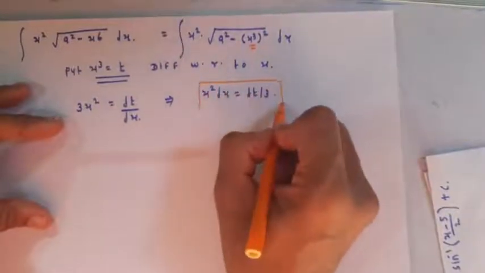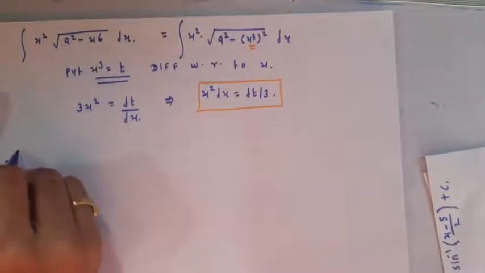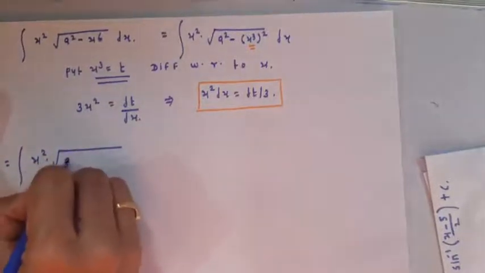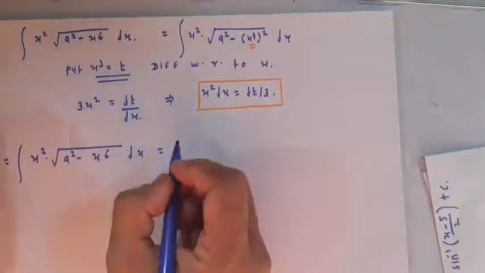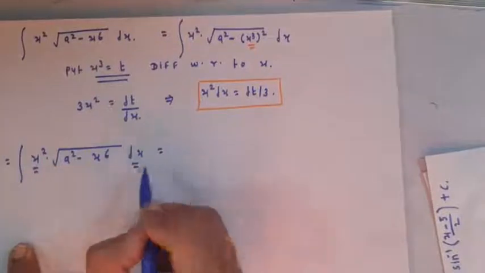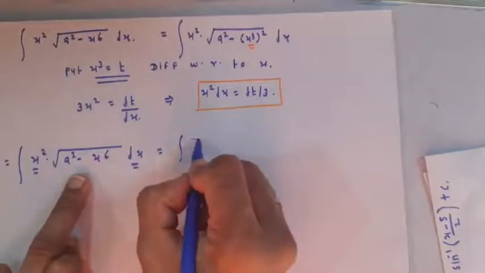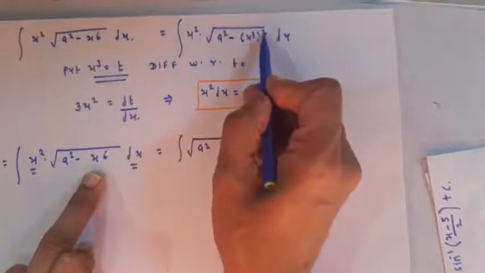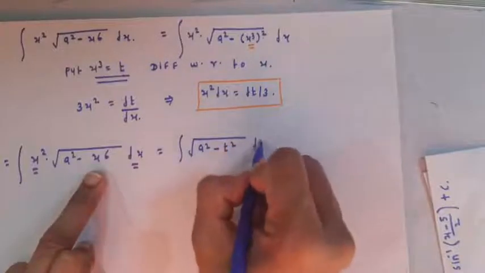Therefore the integration I equal to the integration of x square into square root of a square minus x raised to 6 with respect to x equals: x square into dx, the value is dt by 3, and now square root of a square minus x raised to 6, which means x raised to 3 raised to 2, and x raised to 3 is t, so it is minus t square, and that is dt by 3.